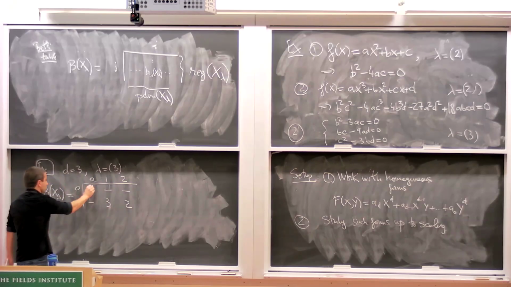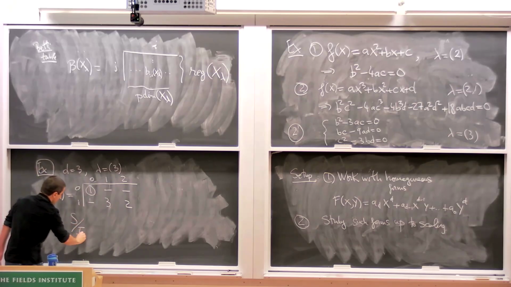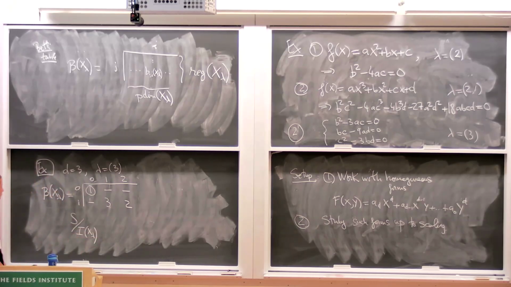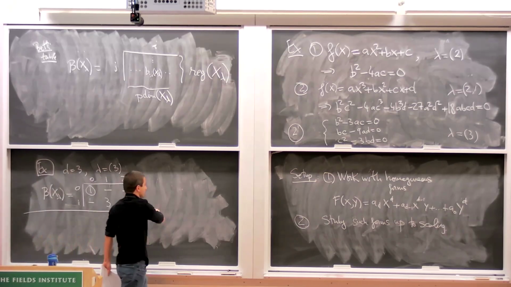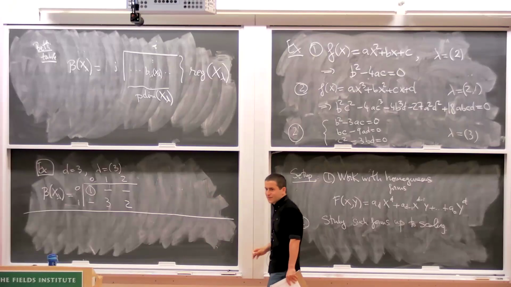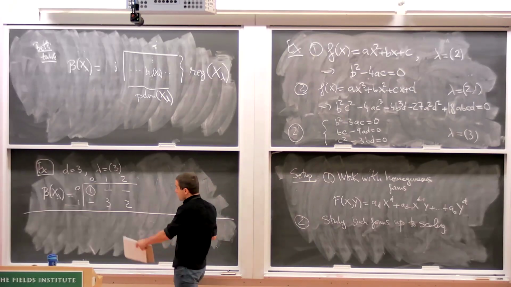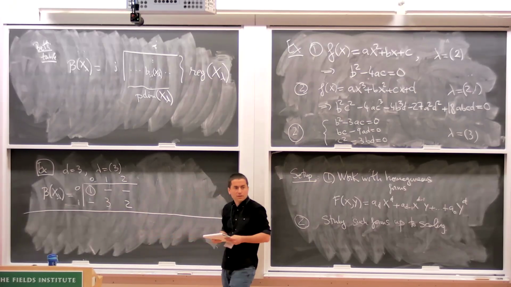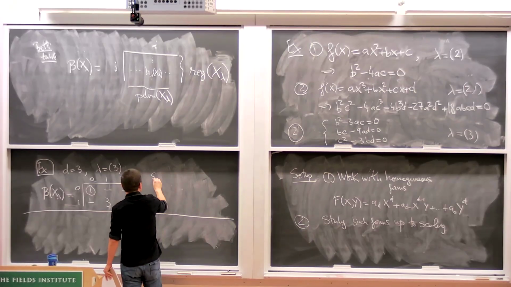Well, this one is very easy. It's just the statement that if I look at the coordinate ring of x lambda, it means simply that the coordinate ring is a cyclic module.